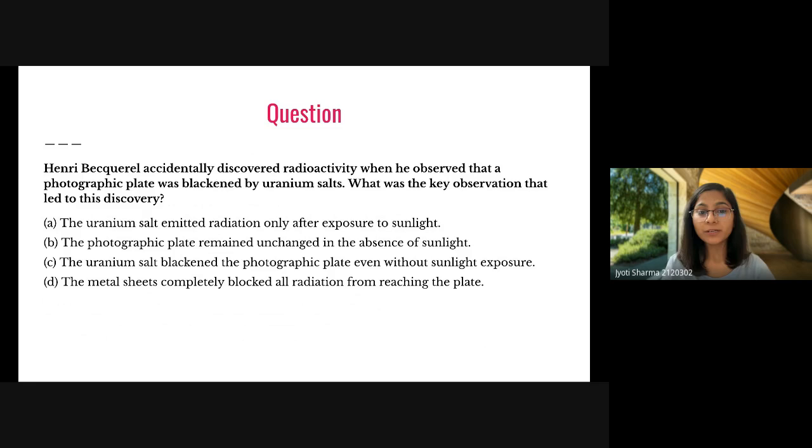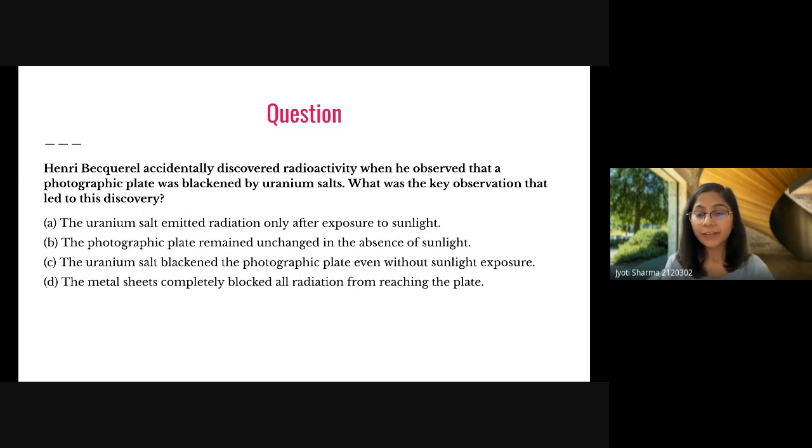A, uranium salt emitted radiation only after exposure to sunlight. B, the photographic plate remained unchanged in the absence of sunlight. C, uranium salt blackened the photographic plate even without sunlight exposure. And D, metal sheets completely blocked all radiation from reaching the plate.